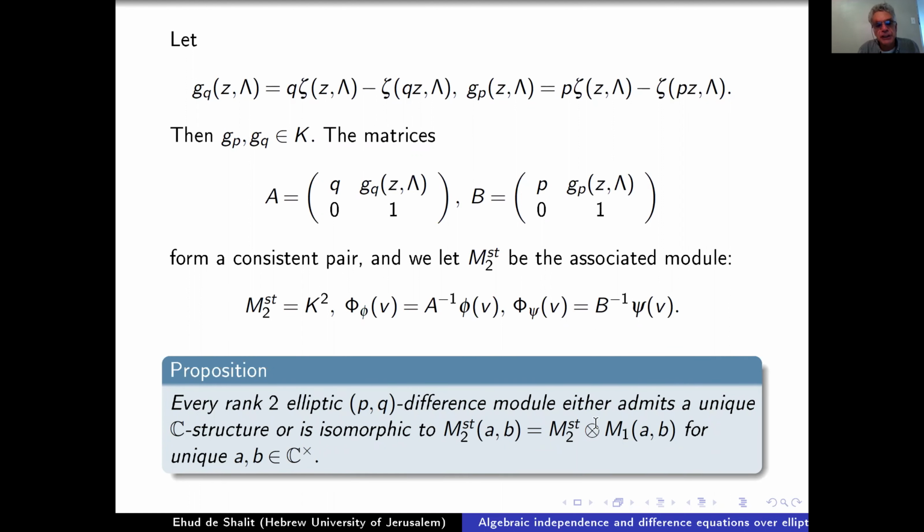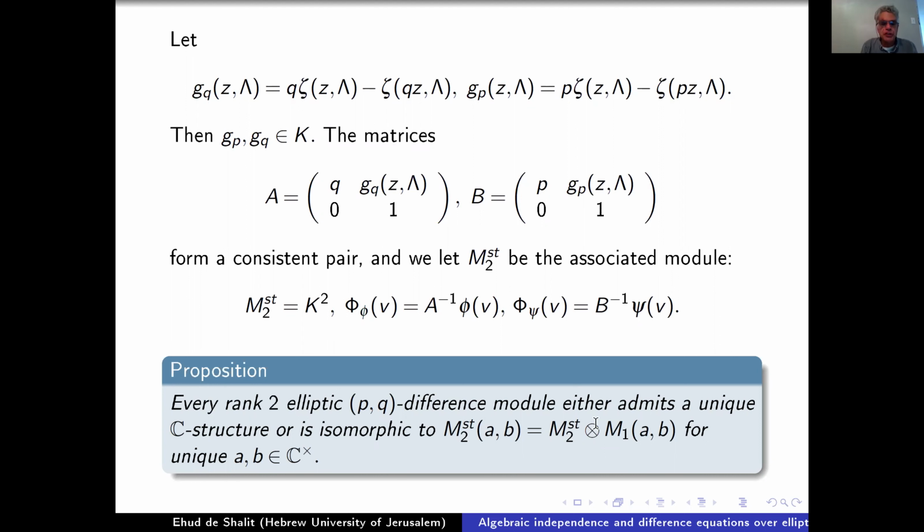And the main structure theorem in this rank 2 case will say that every rank 2 gamma difference module, which I call in this case an elliptic PQ difference module, but that's another name for a gamma difference module, either descends uniquely to the complex numbers, or is obtained via semilinear extension of scalars from just an ordinary representation of gamma of rank 2, or is isomorphic to a twist by a rank 1 module of this standard example.